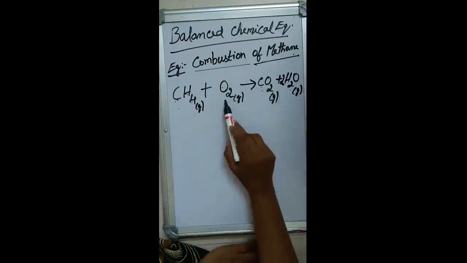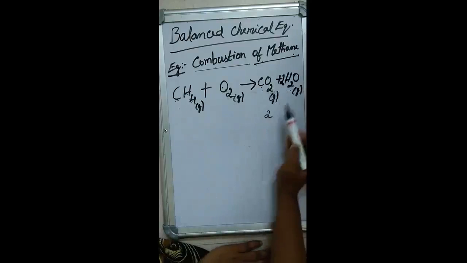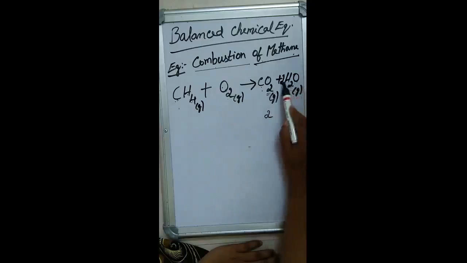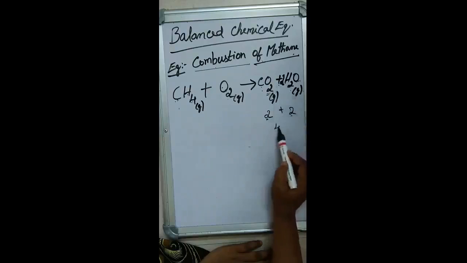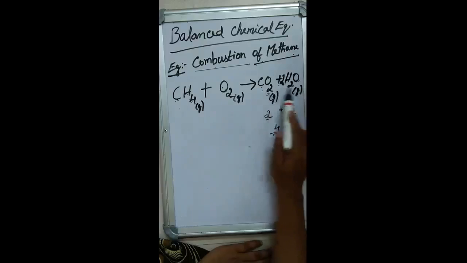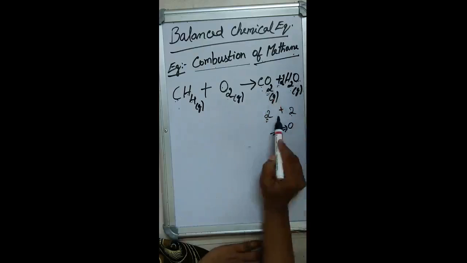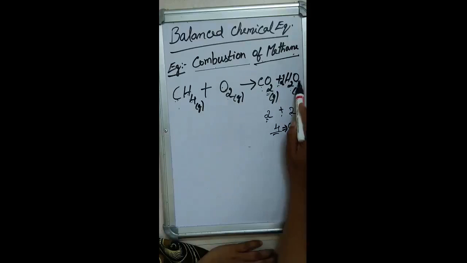Okay, now oxygen, here it is 2, but here how many? Here I will write the number 2 for the carbon dioxide, which gives 2 oxygen atoms. For water, 1 oxygen atom is present, but this number is for the entire water molecule, so 2 ones are 2.